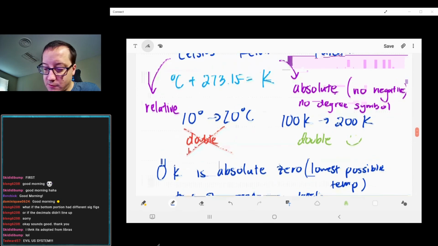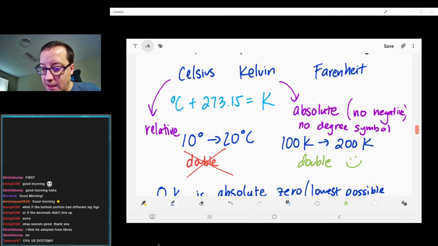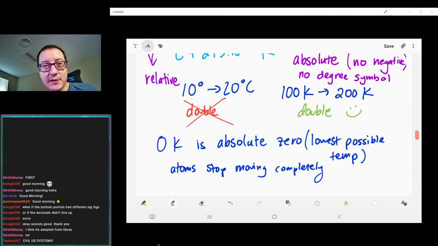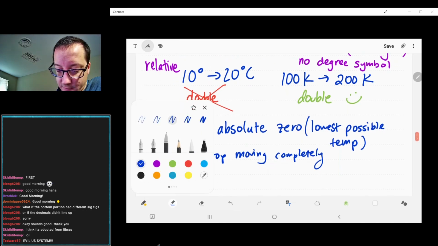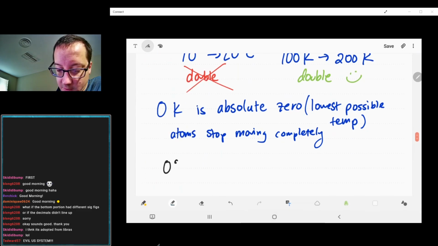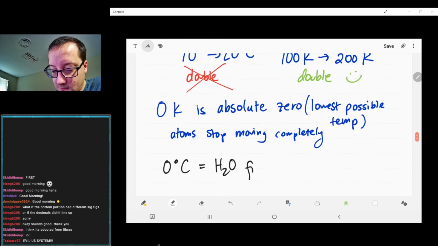All right, let me just scroll back up a little bit here. Actually, let's not. Let's talk for a minute. We'll have story time. So the Celsius scale is based on water. Fun little facts here for Celsius. 0 degrees Celsius is when water freezes.